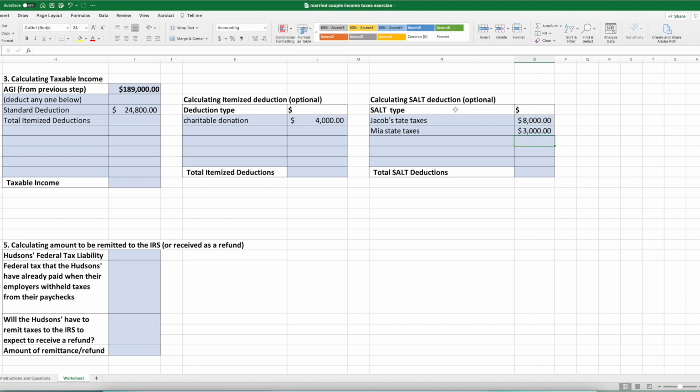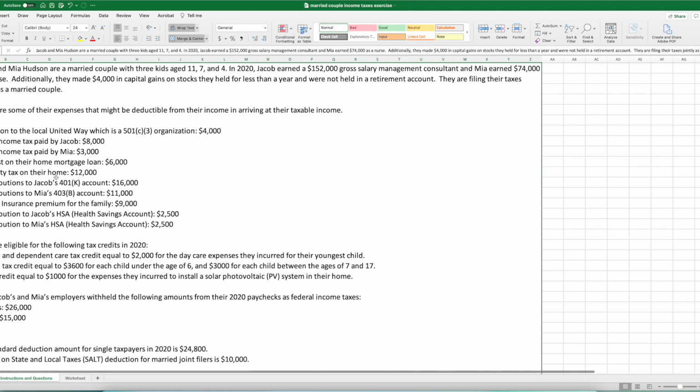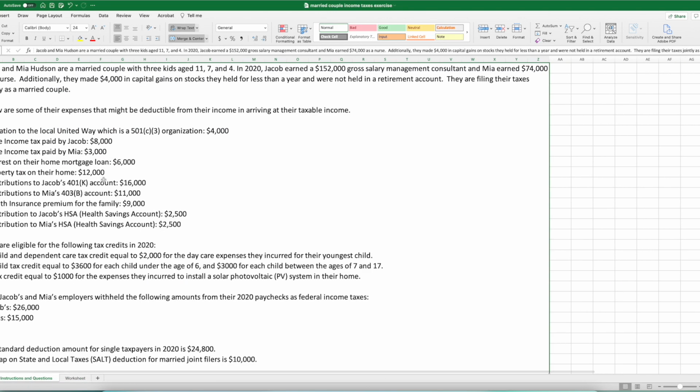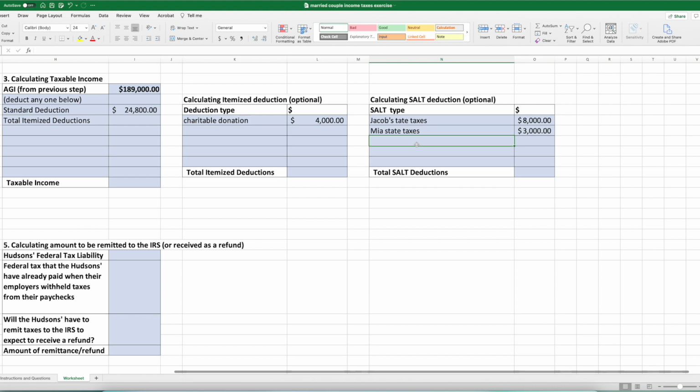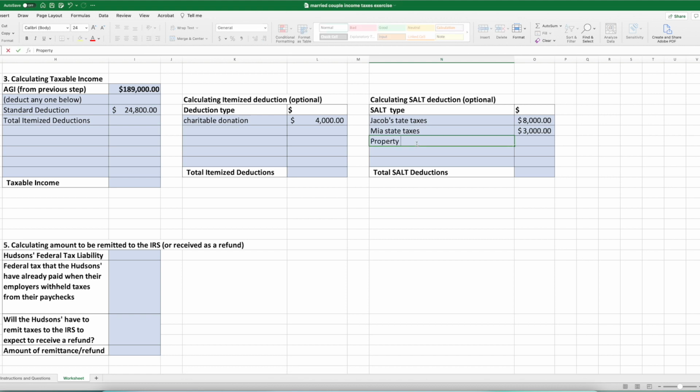What other kind of SALT, that is state and local taxes, did they pay? Well, the property tax is a SALT because it's paid to the local government. So the property tax they paid on the home is going to be part of SALT, 12,000.